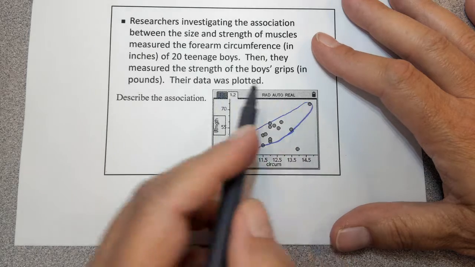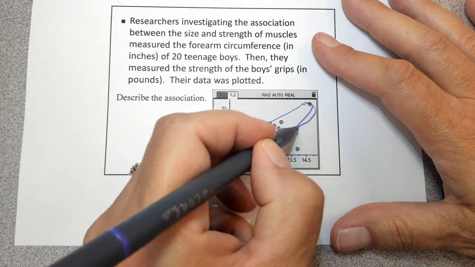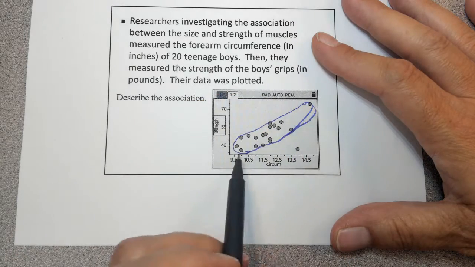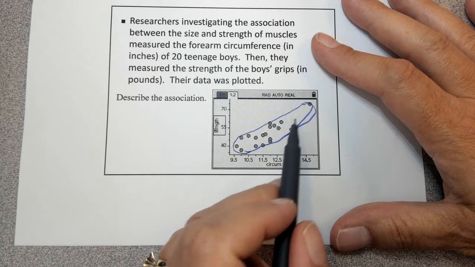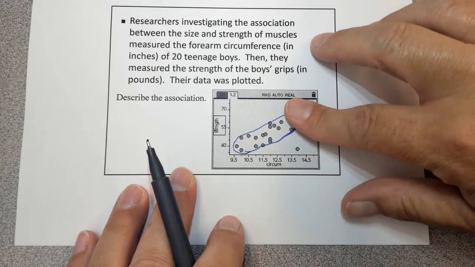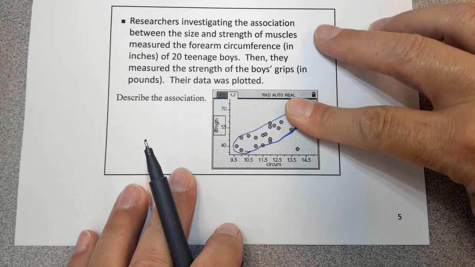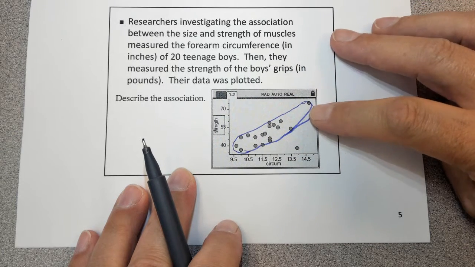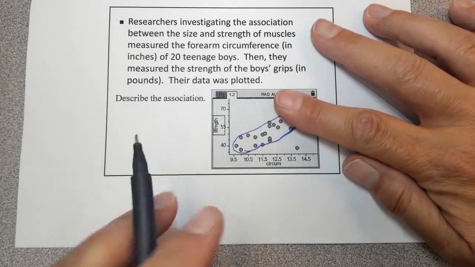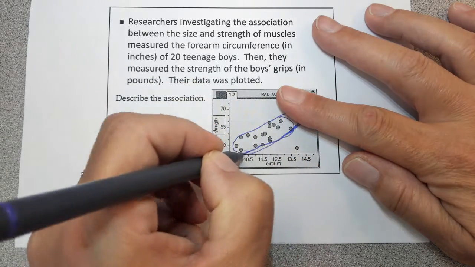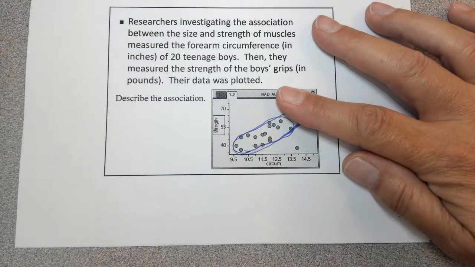This guy kind of pulls that end up, so maybe I should make that look more like that. That's reasonably straight. There might be almost a start of a curve, but if you took out that fella, it doesn't look curved at all. So we're not going to let that really change the shape because it's an outlier. If I drew an oval around just this part, it definitely looks pretty straight.